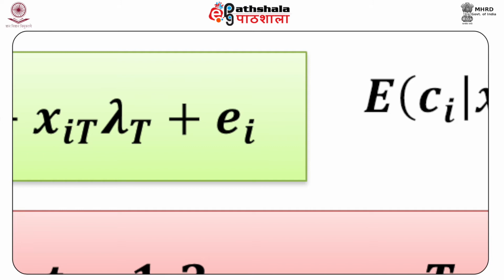Also, with intercept and trend, v_i,t-1 star is equal to v tilde_i,t-1 minus v tilde_i,1 minus (t minus 1) divided by T, times v tilde_iT.